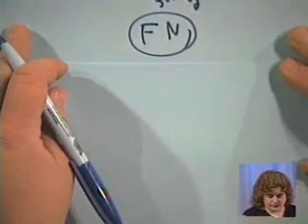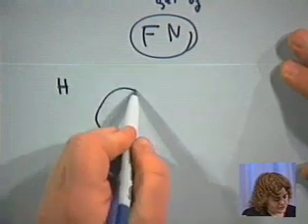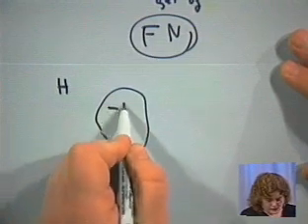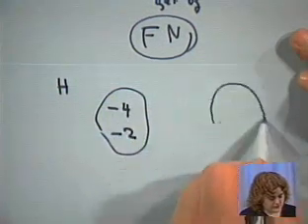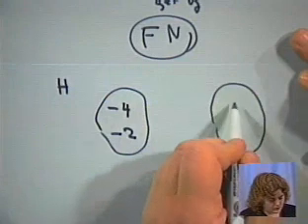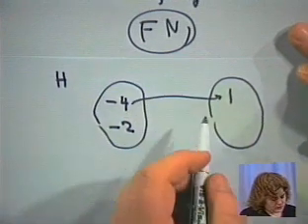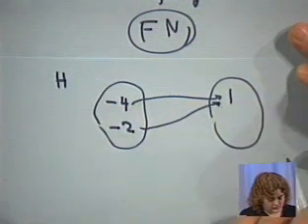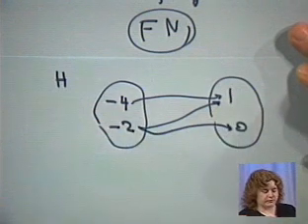Remember, h was not a function. For h, we had for our x's a -4 and a -2, and the way they mapped out was that the -4 gave us a 1. That's good. The -2 also gave us a 1, but the -2 gave us a 0 as well.